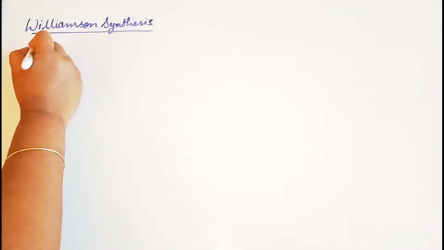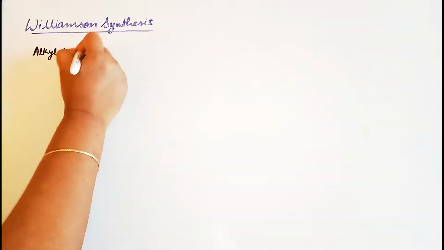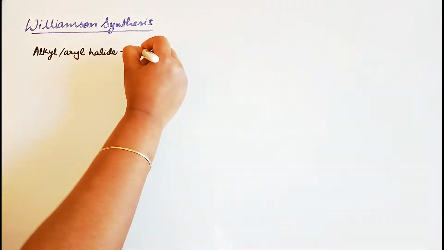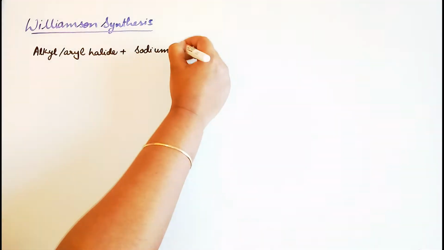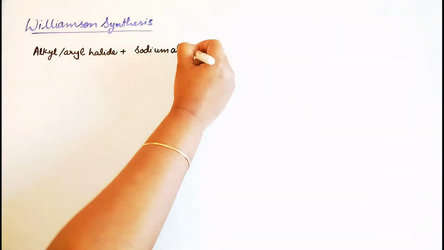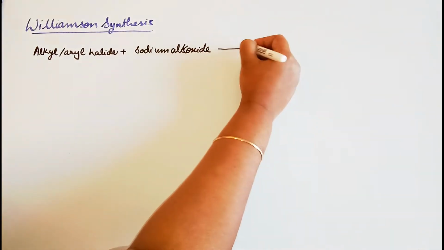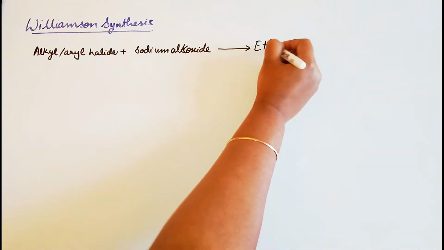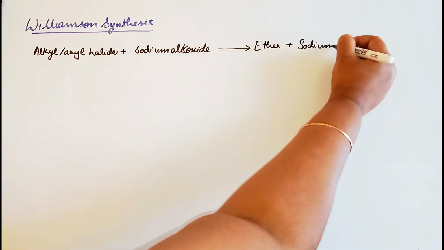So alkyl or aryl halides react with sodium alkoxide to give rise to an ether and sodium halide.